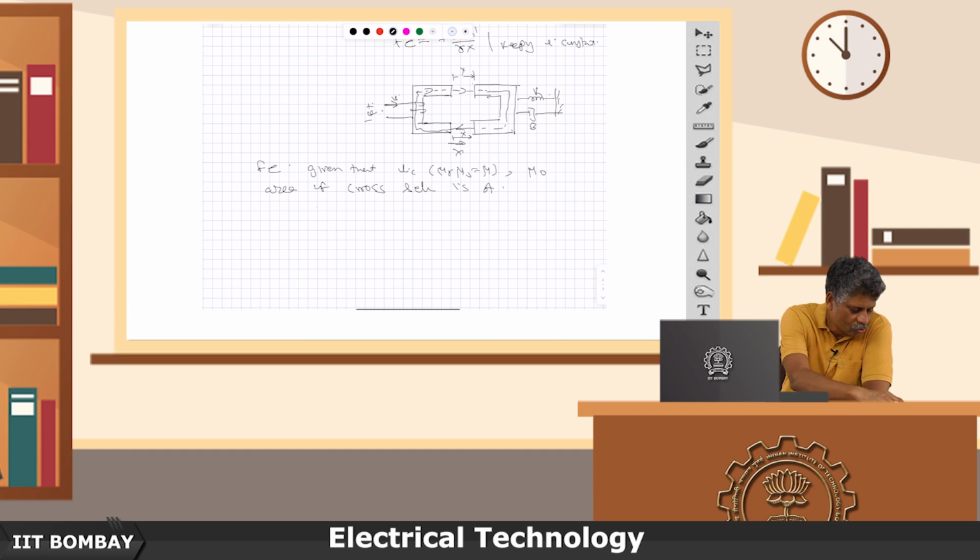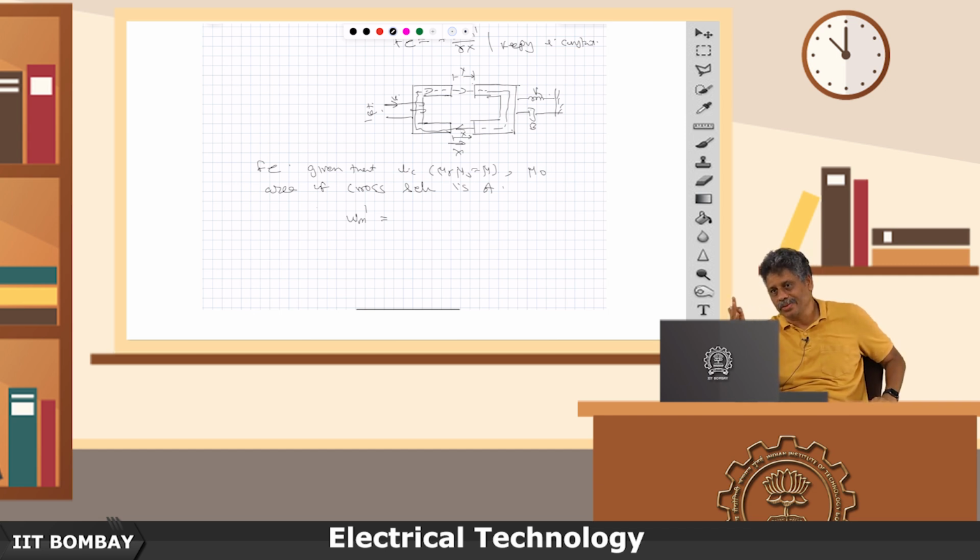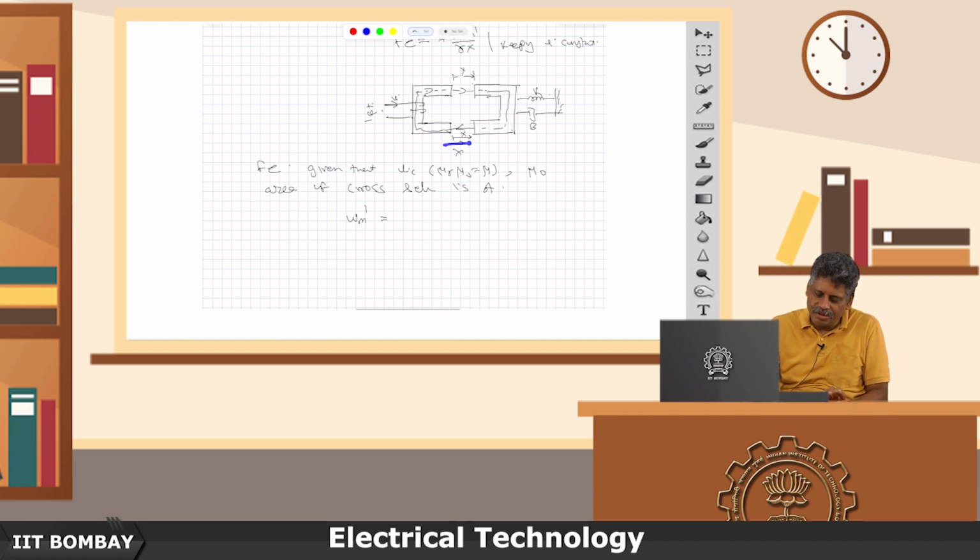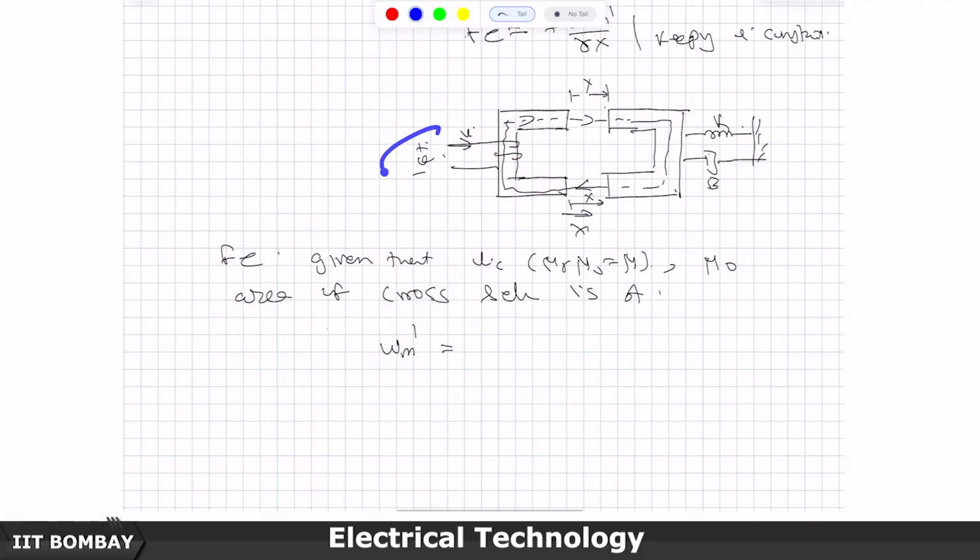So let us try to find out the co-energy, which is our first task. In finding the co-energy, the way we are going to proceed, remember I told you this also: if you want to calculate the co-energy at some distance x, you can first keep this unenergized and everything set to 0, and just move one of them towards the other and bring it to the position x.